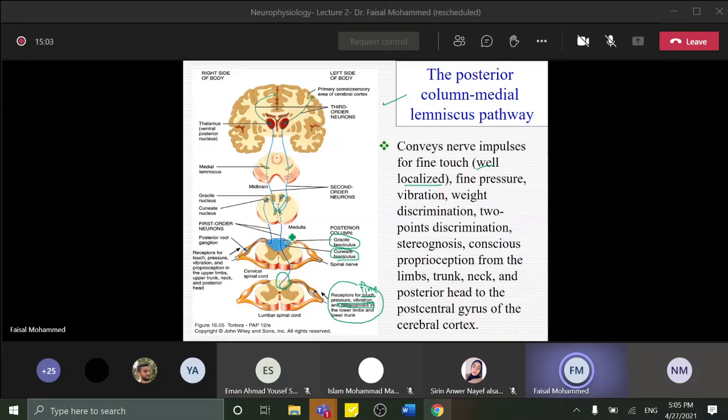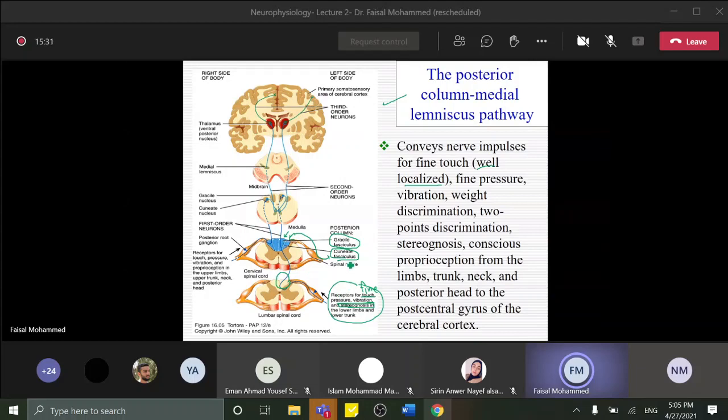Fasciculus gracilis is the medial one, and the lateral one is fasciculus cuneatus. This kind of tract has very good organization, or fidelity, and its organization is somatotopic.